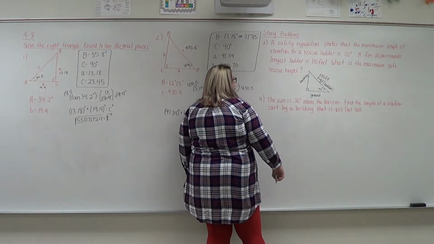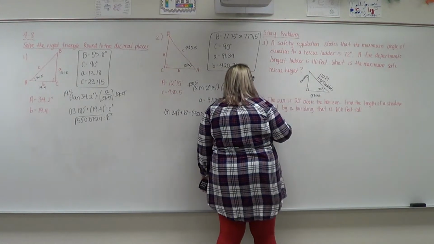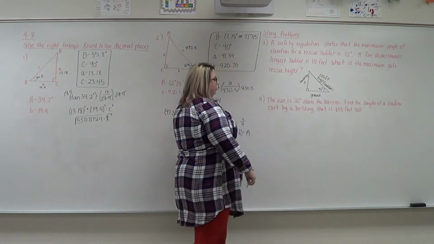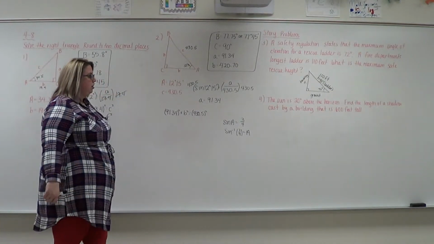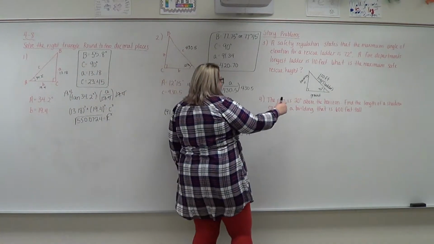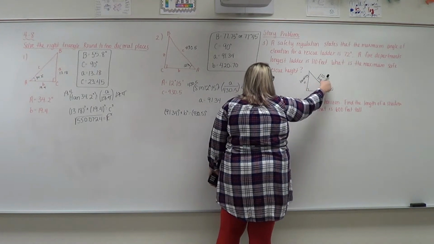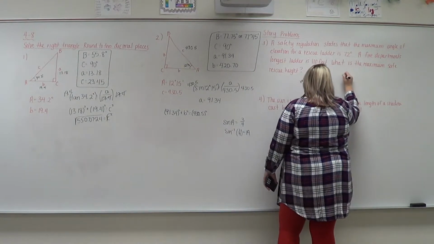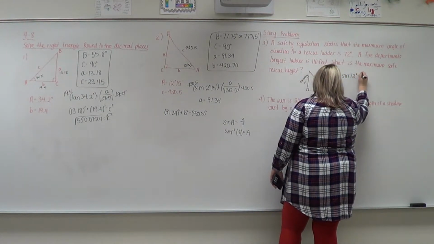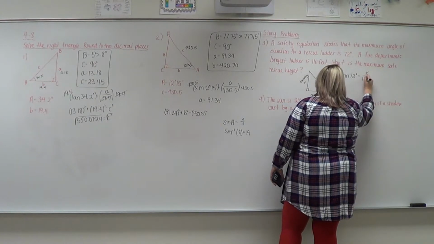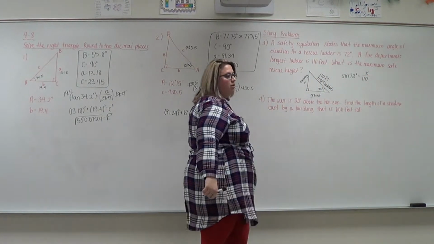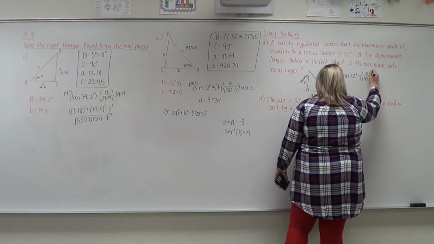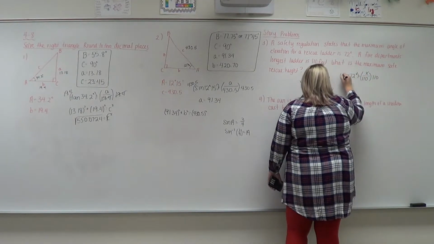Okay, we want to find the maximum safe rescue height. Do you rescue on the ground or in a building off the ladder? In a building, so that's your area. This is my angle. I have opposite and hypotenuse. So what goes with opposite and hypotenuse? Sine. So I have sine 72 equals x over 110. To solve this, I would just multiply both sides by 110.